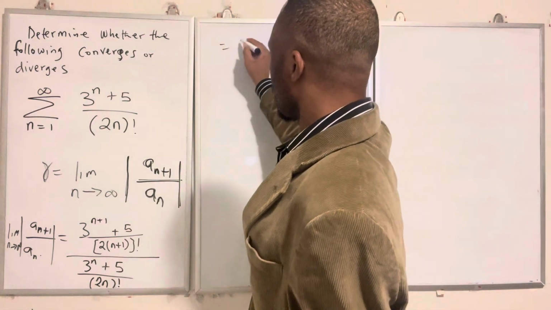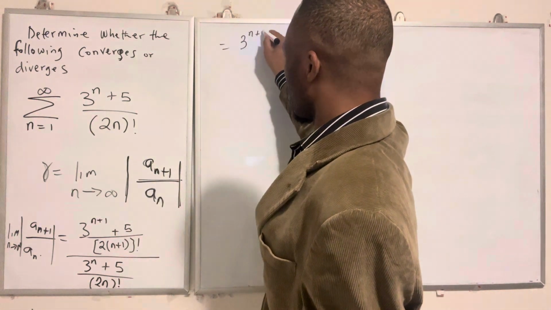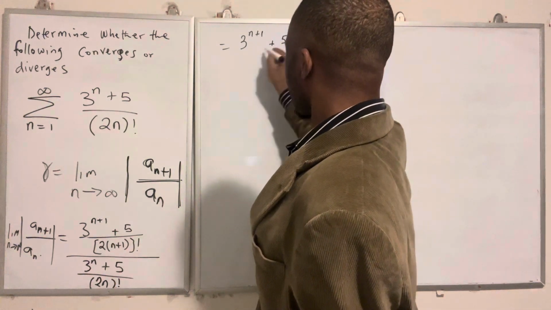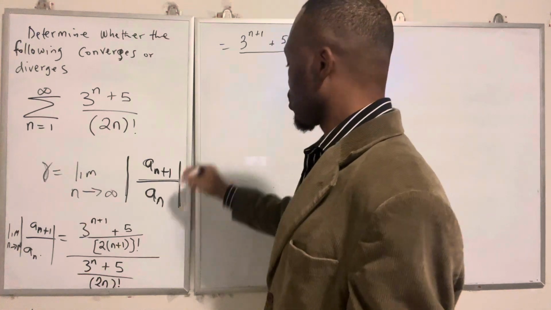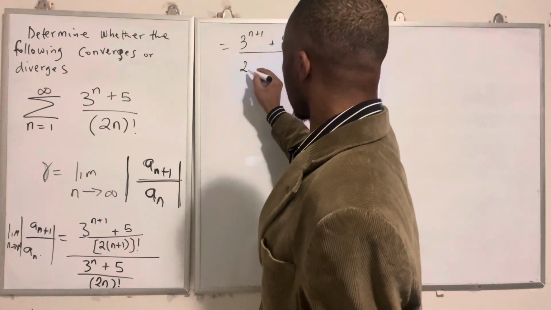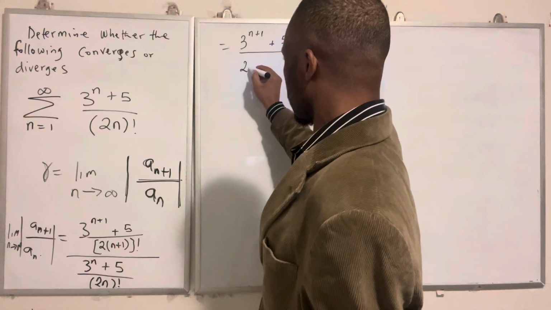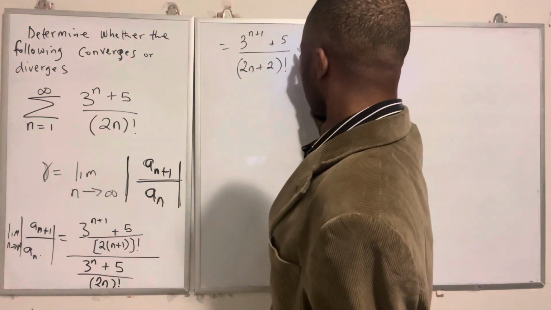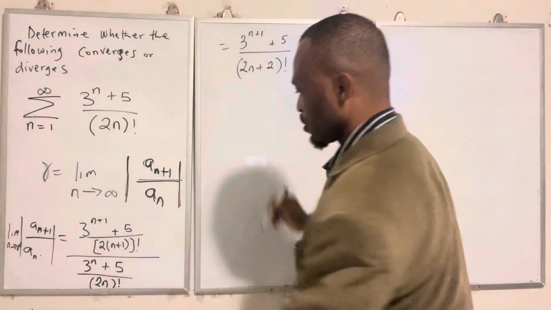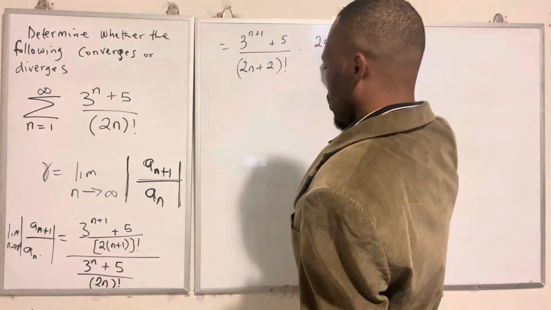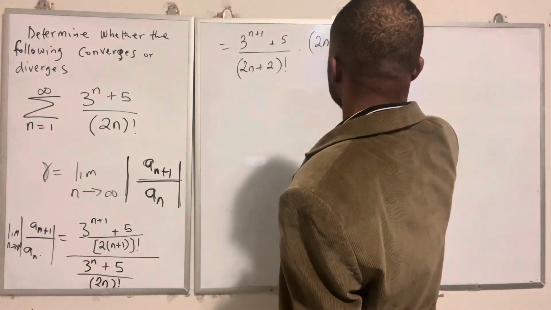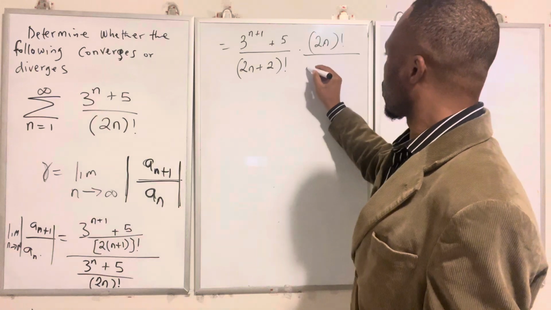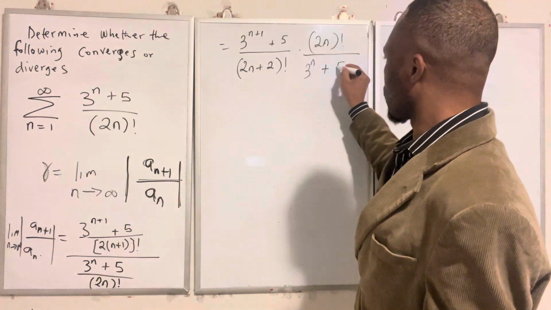What we'll have here is 3 raised to n plus 1 plus 5 over 2 times n plus 2 factorial, divided by this, we have 2n factorial over 3 raised to n plus 5.